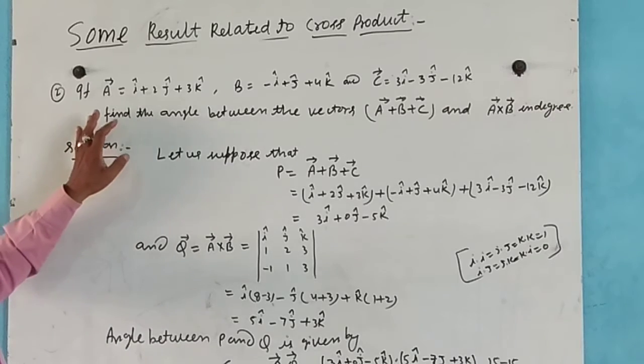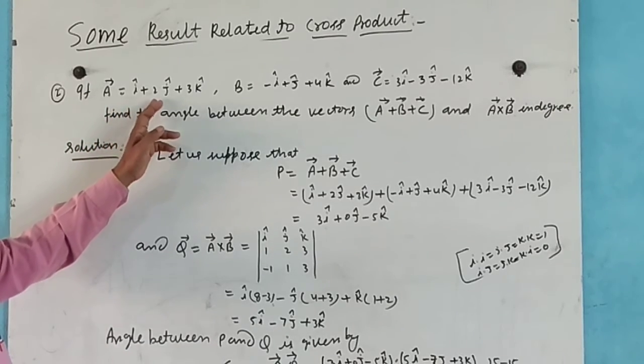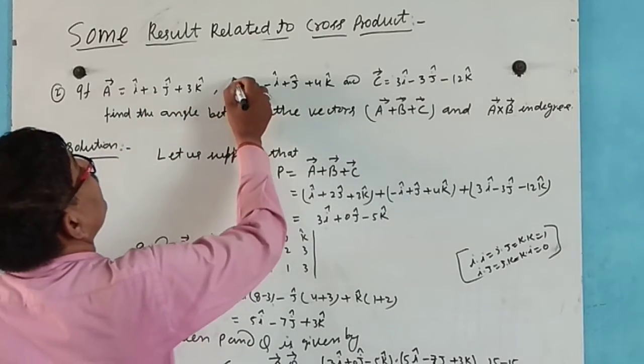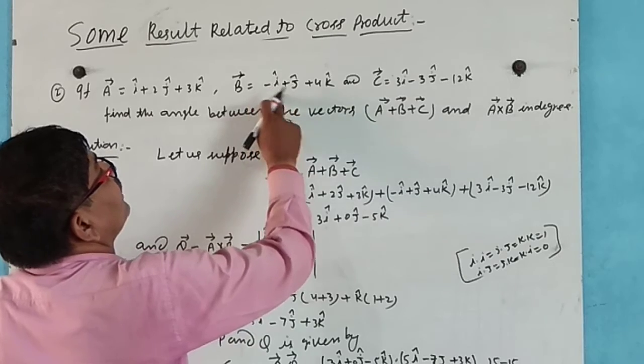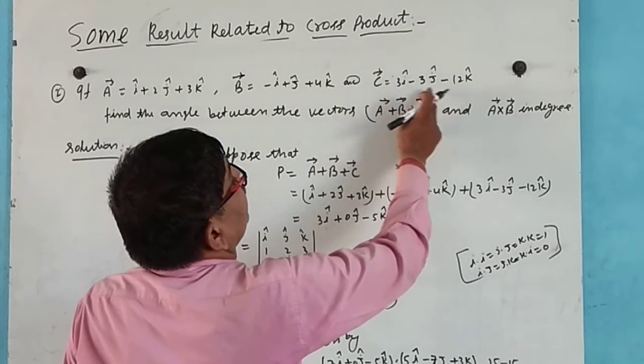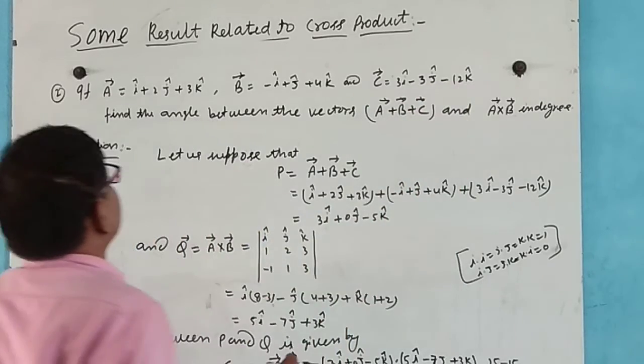Now second problem. A equal to i plus 2j plus 3k, vector B equal to minus i plus j plus 4k, and C equal to 3i, 3j and minus 12k.